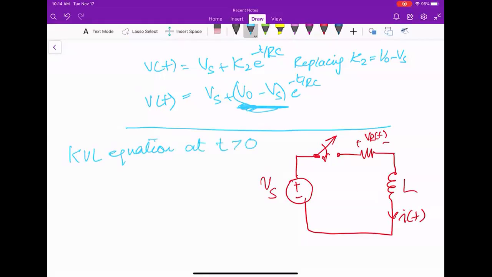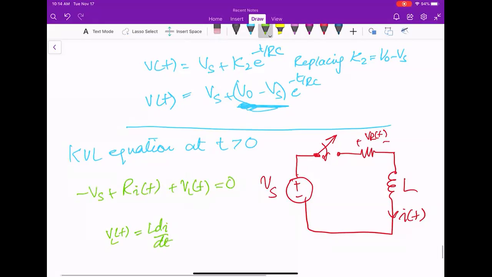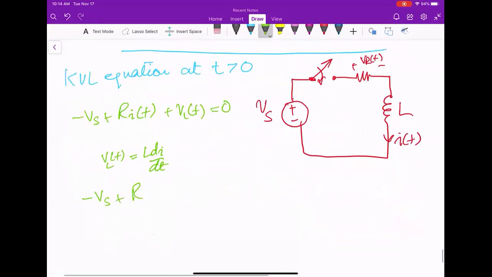So the KVL equation will be minus Vs plus Ri of t plus L dI by dt, because we know that VL of t is L dI by dt, equals 0. Minus Vs plus Ri of t plus L di by dt.